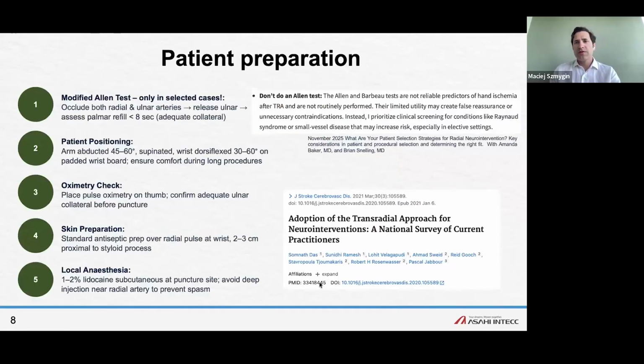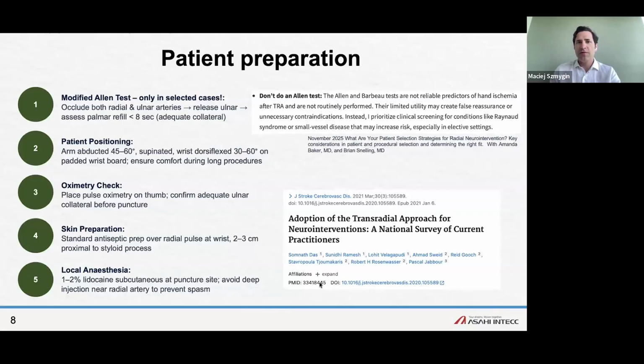And what about patient preparation? Before, there was the Allen test, which we know, but nowadays there is no need to do this Allen test, especially not routinely.